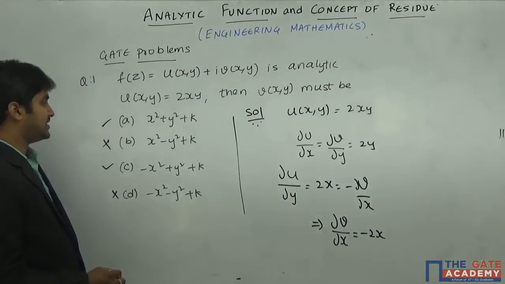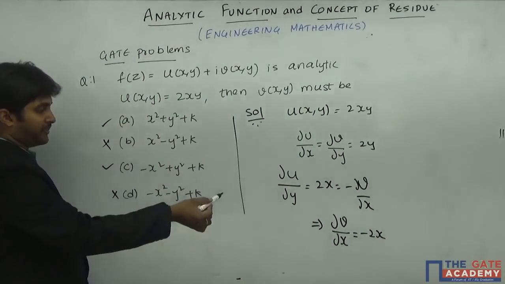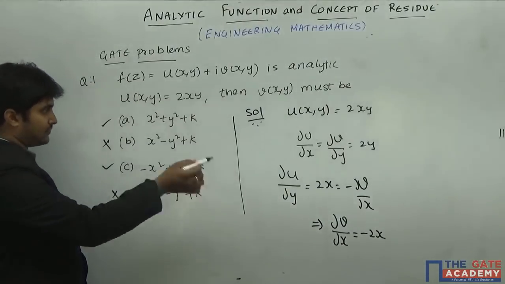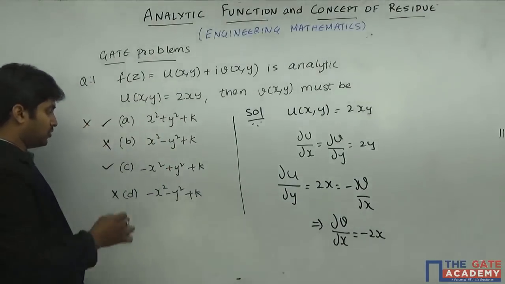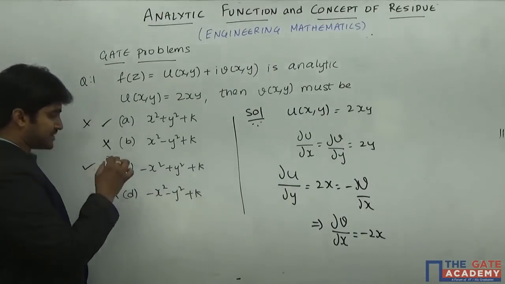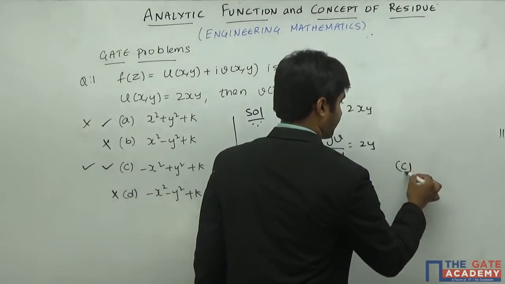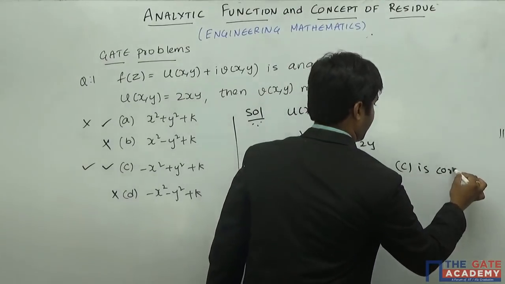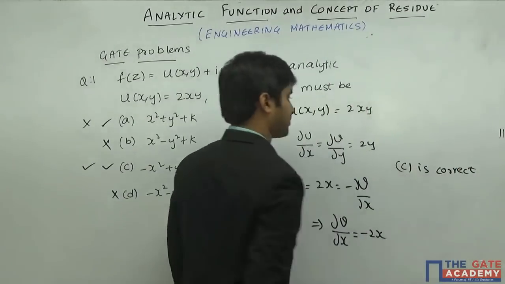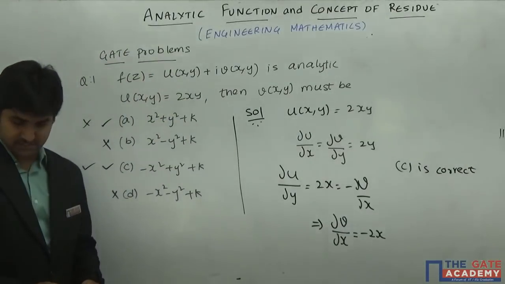So which of them satisfies? Here dou v by dou x will be equal to 2x. This is not going to satisfy, and hence this has to be the answer. So the answer is option C.